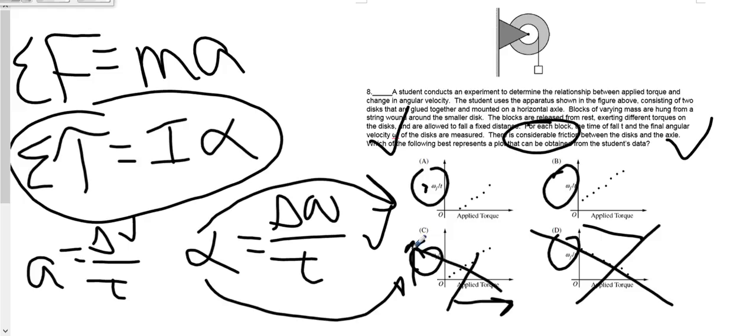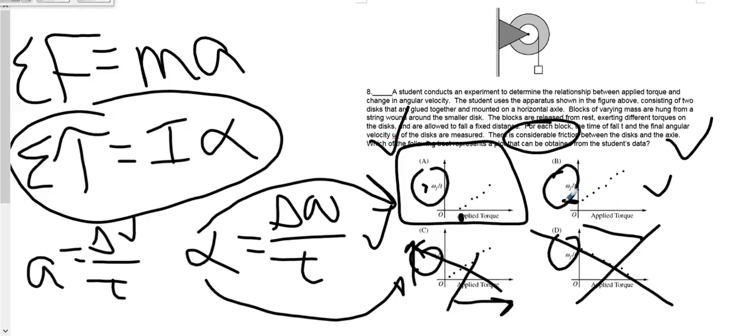So what makes sense is that there has to be some minimum amount of torque before the thing even starts to have an angular acceleration. So A, the fact that there is a negative y-intercept, shows me that there's friction. If I look at B, that would be some other net external torque causing it to have an angular acceleration, a positive y-intercept with zero applied torque.